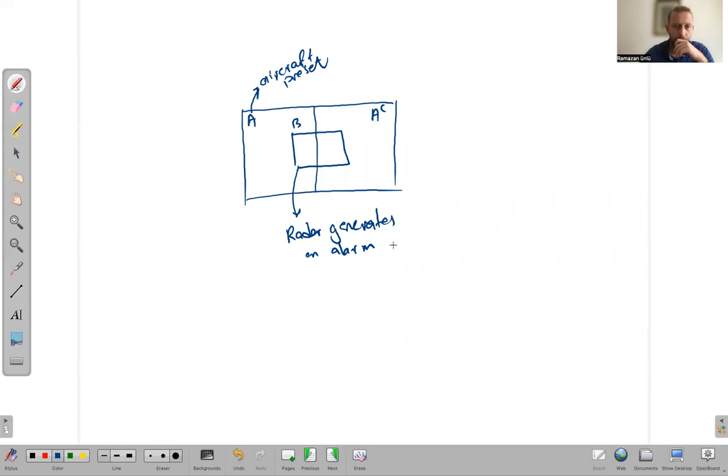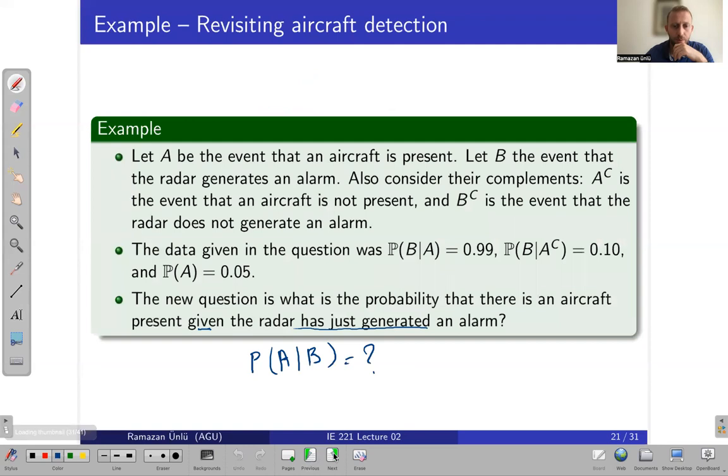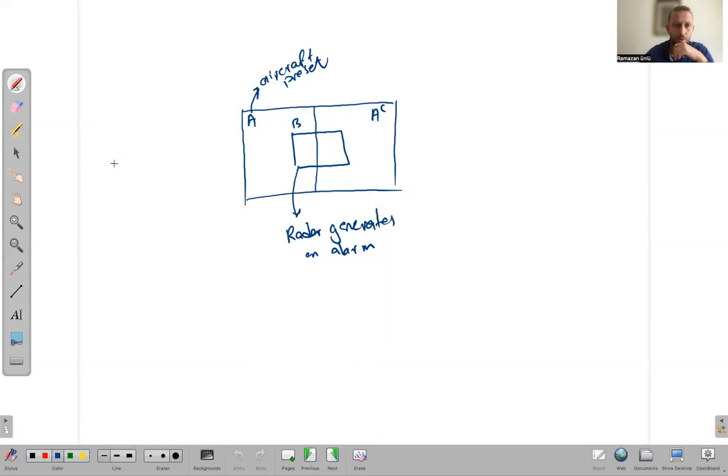And what I'm asking for is the probability of A given B, right? The question is the probability of A given B. So again, let's write the conditional probability definition.